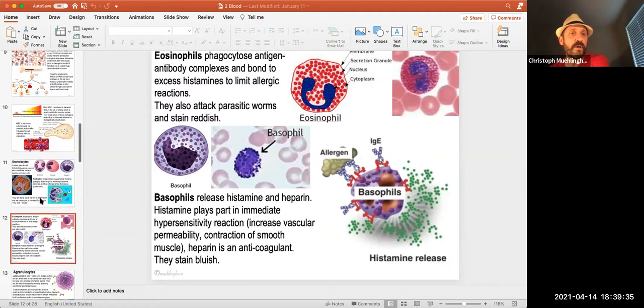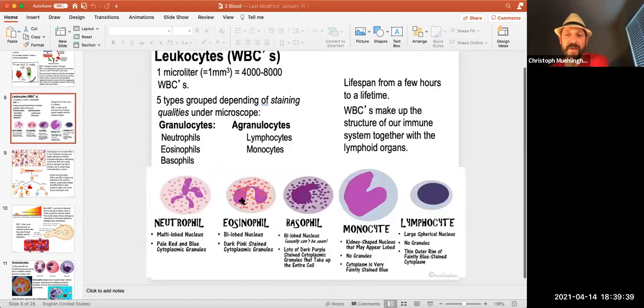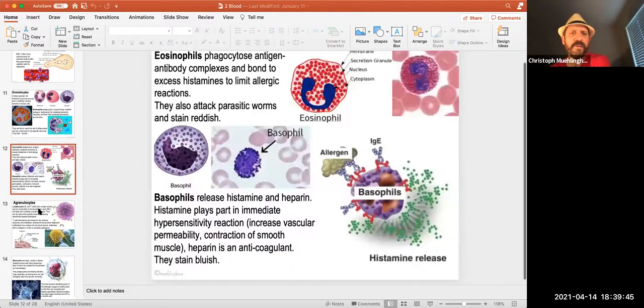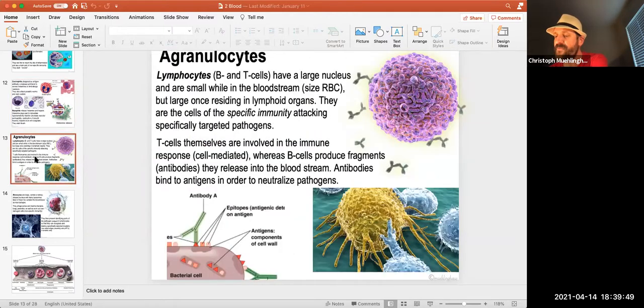And of course, for the lab part we have the terminology where we have to identify them. But that's what you have in a homework. You worked on that already. I saw them. That's a pretty easy one. And then we have the lymphocytes. And the lymphocytes are our B cells and our T cells. And they're part of what we call the specific immunity.